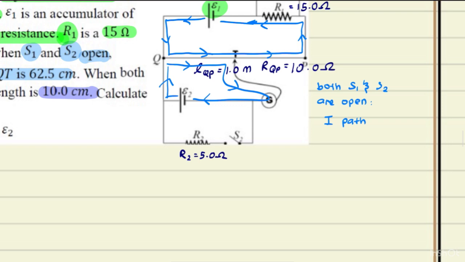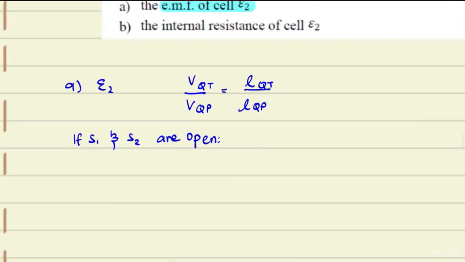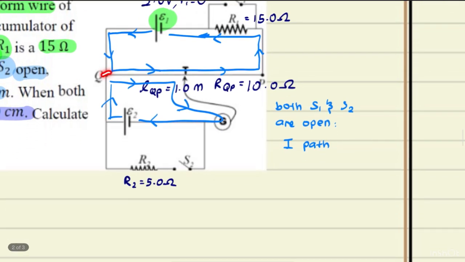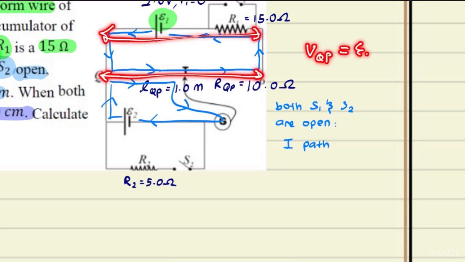Kalau dari segi EMF 2, dia akan tetap sama dengan QT. Sebab dia tidak halangan. So, VQT akan sama dengan EMF 2. Tapi, for the case of QP ni, VQP, adakah dia sama dengan EMF 1? Tidak. Kenapa? Sebab dia ada resistor sini.